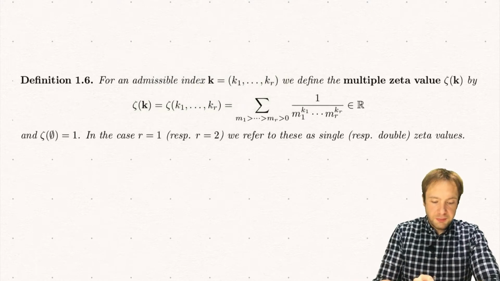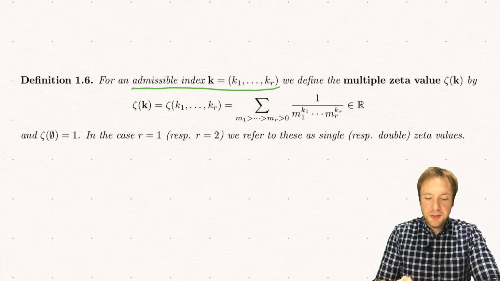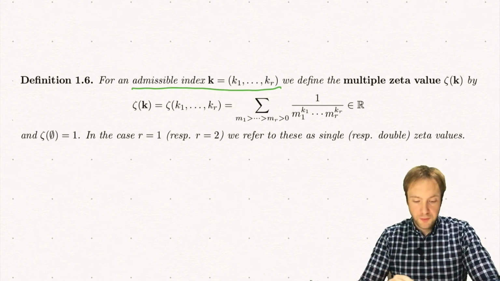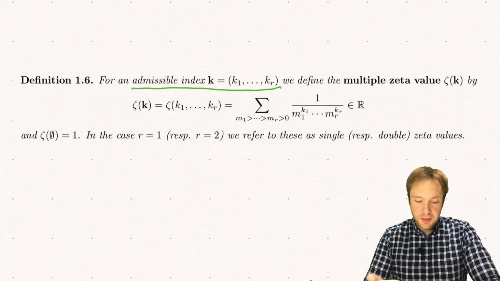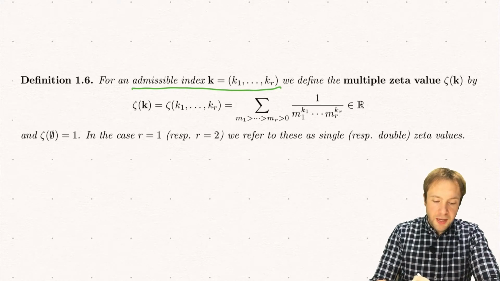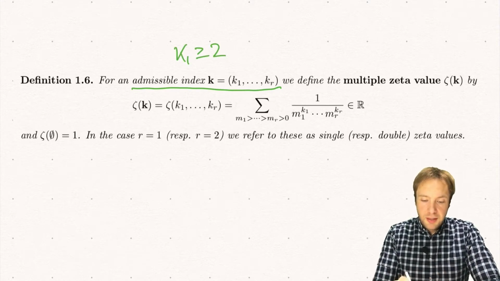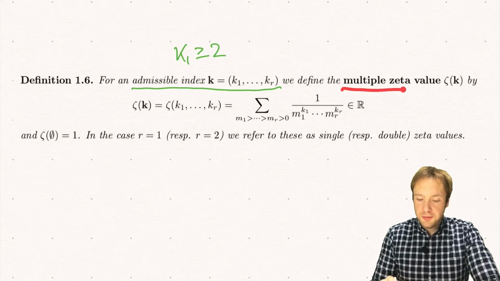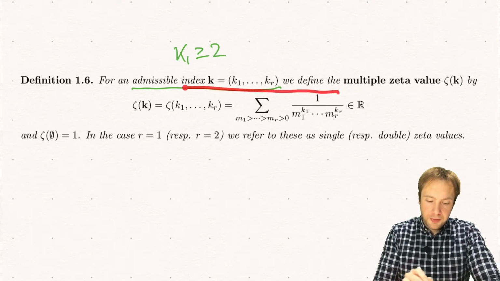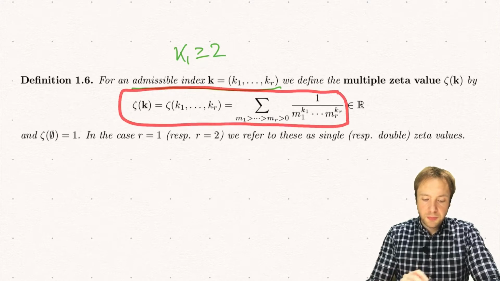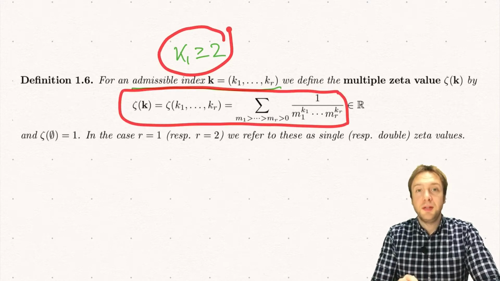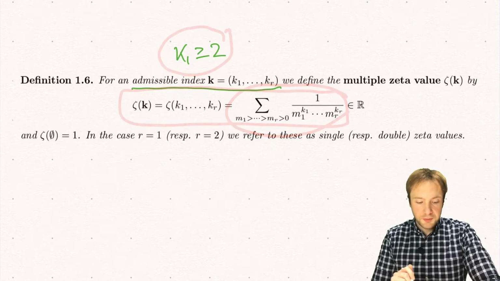So for an admissible index k, so an index was just a tuple of r numbers, k1 to kr, and these are positive integers, and admissible meant that the first index, k1, is greater or equal to 2. And for such an index, we defined the multiple zeta value by this iterated sum. And this condition that this index needs to be admissible was necessary for the convergence of this sum.